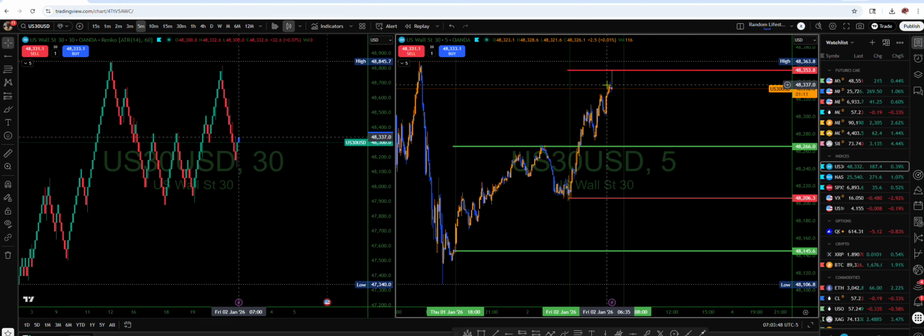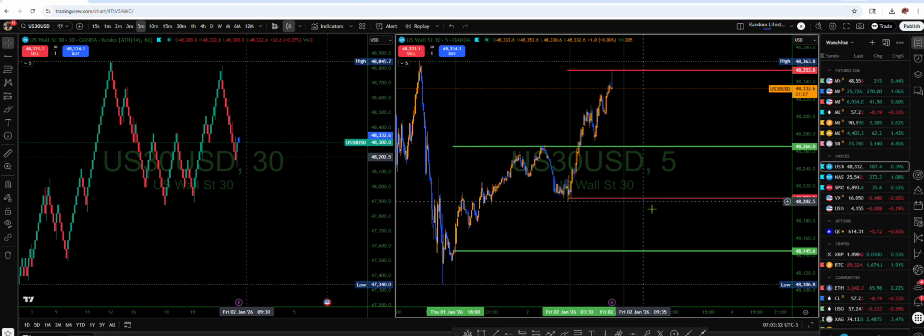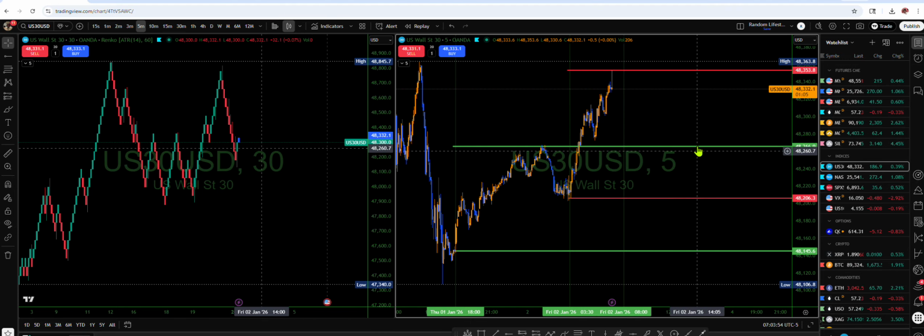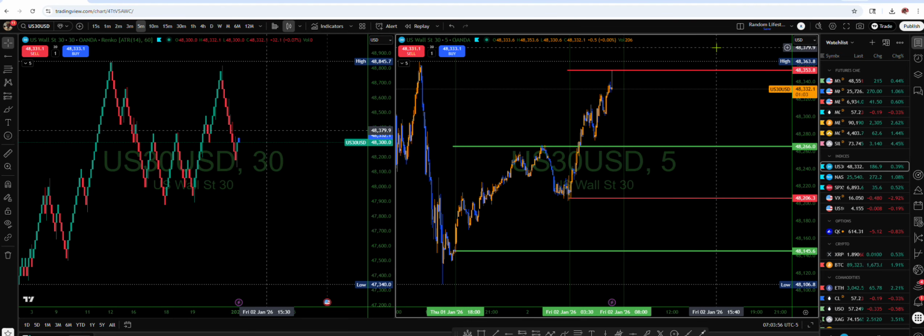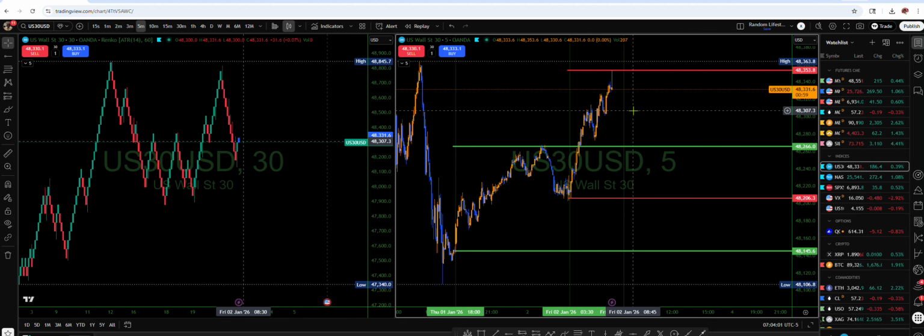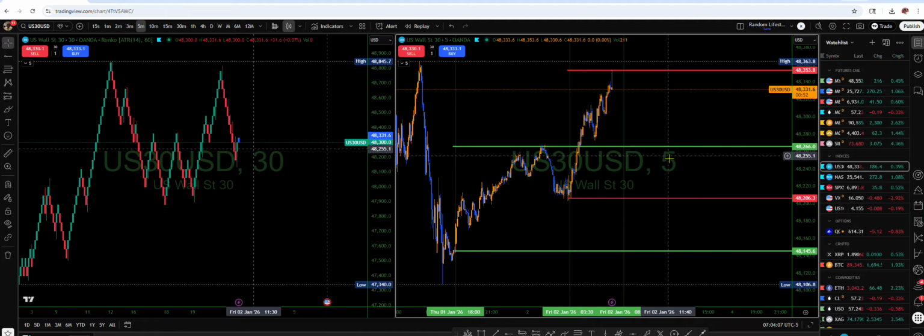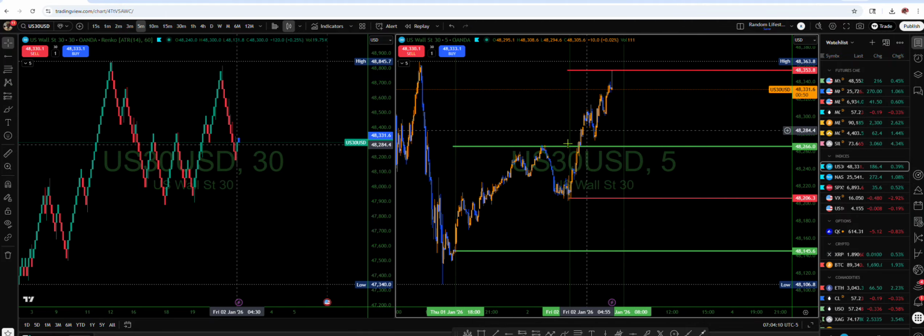So by the time 9:30 comes and the market opens, we're supposed to look for some pullback down into these areas right here, and then the market goes back up to the upside. This is what I've been seeing since I've been doing this back testing. So that's what I'm going to work with.